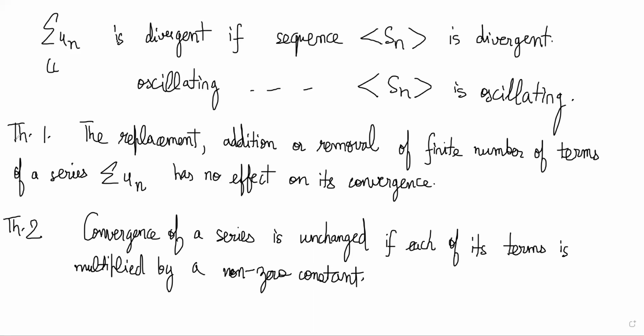Now, why are these two theorems true? First of all, think about it. If an infinite series is there and you have changed, removed or added some finite number of terms, that should not affect its convergence. Why? If your series was divergent first, going to infinity, then if you change some finite number of terms it will still go to infinity because there are infinite terms here.